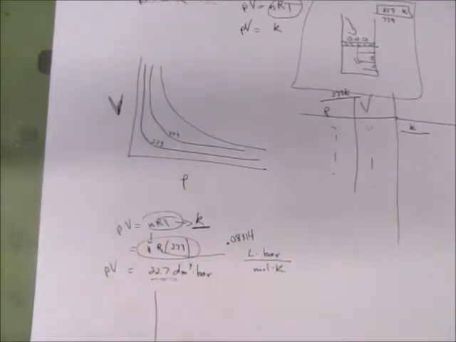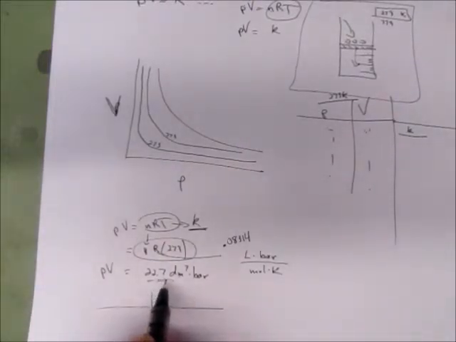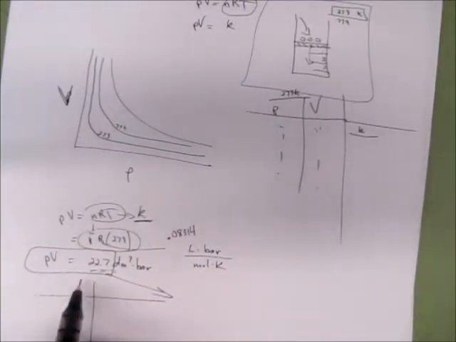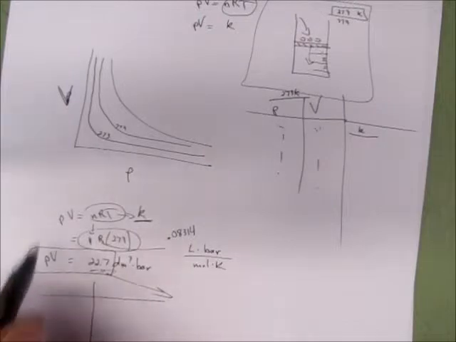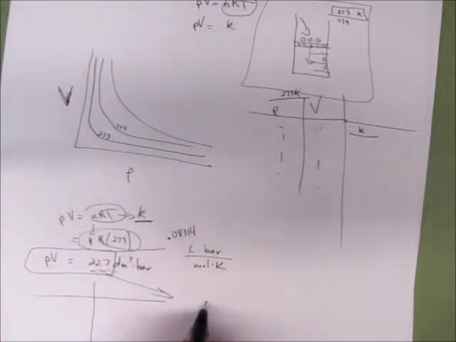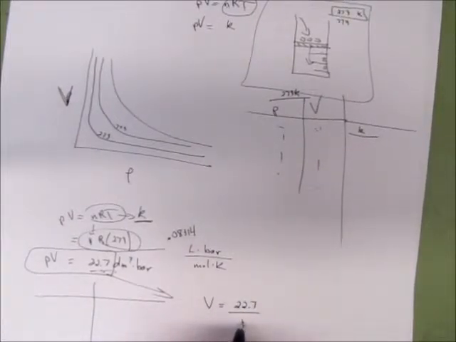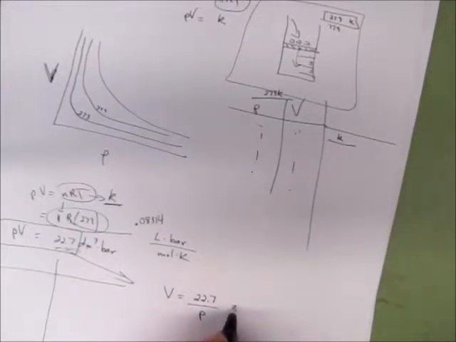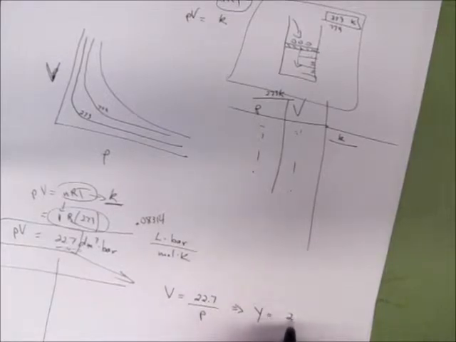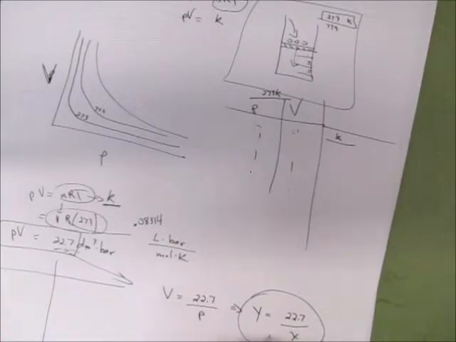So pretend this now becomes your math equation. What if in math class they said your Y is going to be V, your X is P. You would rearrange it to look like this. What if in math class they said Y, which is V, was equal to some constant 22.7 divided by X? What if math class asked you to graph this?